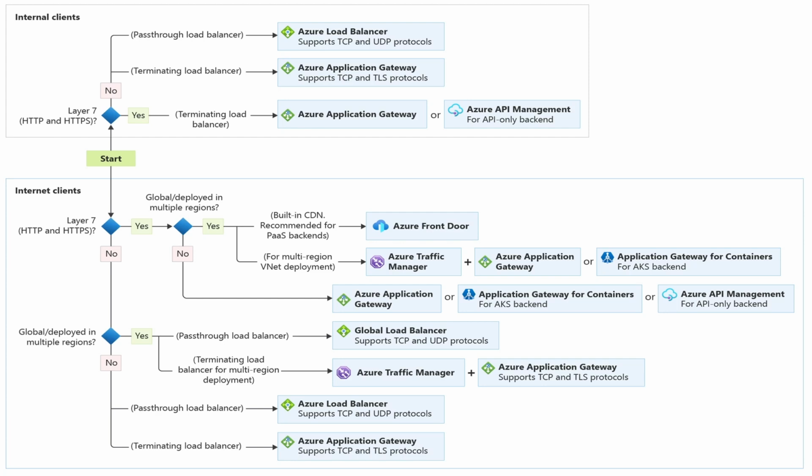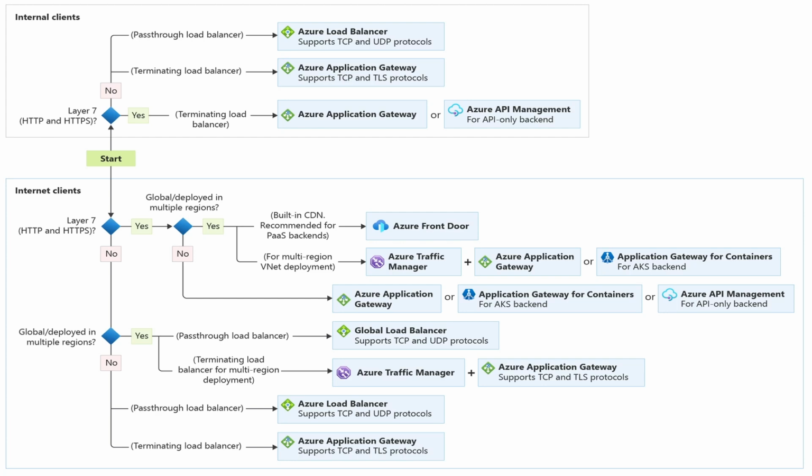But in the case of a terminating load balancer, which is Azure Application Gateway, the client connection is terminated, which offers us the ability to inspect the traffic and do TLS and SSL offloading. We can do URL path routing, and we can check security policies with a web application firewall.